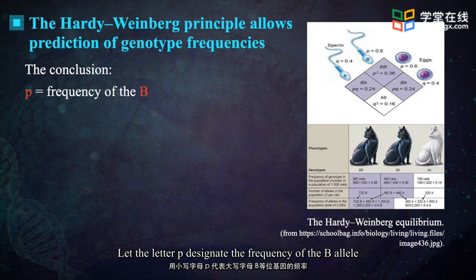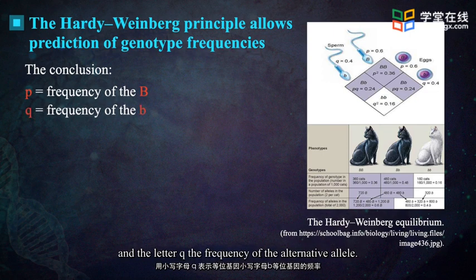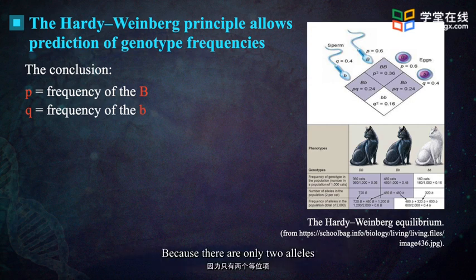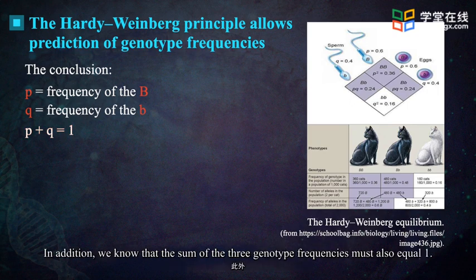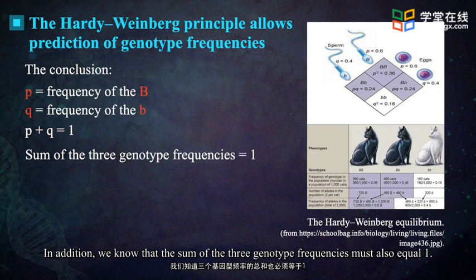Let the letter p, that's lowercase p, designate the frequency of the uppercase B allele, and the letter q the frequency of the alternative allele. Because there are only two alleles, p plus q must always equal 1, that is the total population. In addition, we know that the sum of the three genotype frequencies must also equal 1.